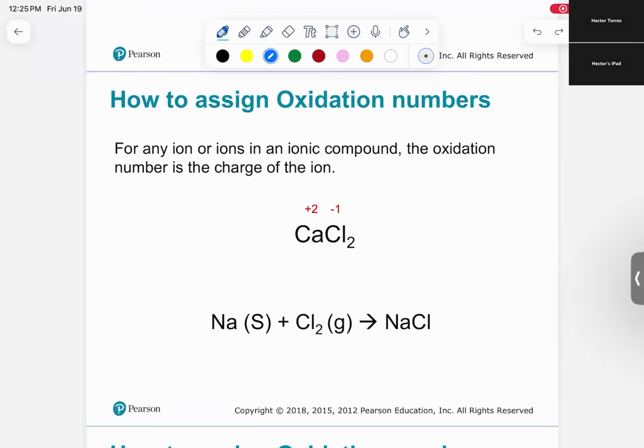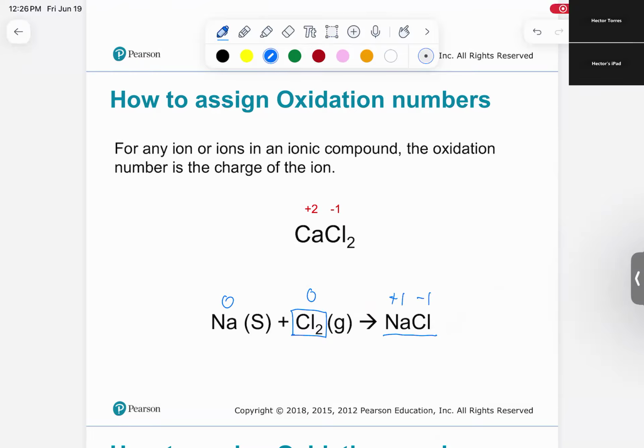But now on this reaction, we have Na, and this one's in standard state. Because it's by itself, it's going to have a charge of 0. Cl is bound to itself, so it's going to have a charge of 0. And then when it's bound together, we have +1, -1.